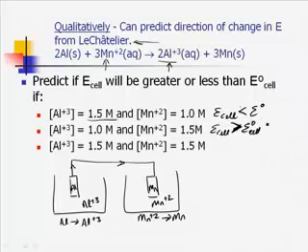And then if both concentrations are increased and they're equal, we would expect that we're not going to have any change. Okay. So that's a qualitative look at how changing the concentrations away from standard conditions can affect the cell potential.